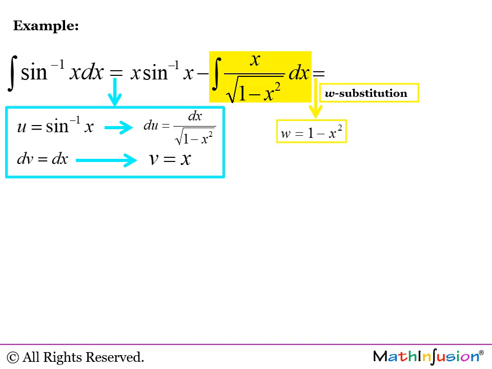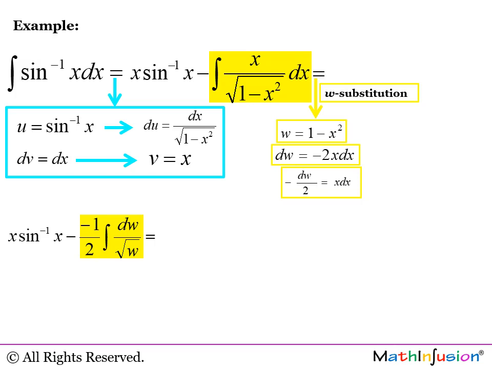W is 1 minus x to the power of 2. And because in the integral I have only x dx, I do a little manipulation here and I get that x dx is negative dw over 2. So I have a constant of negative 1/2.